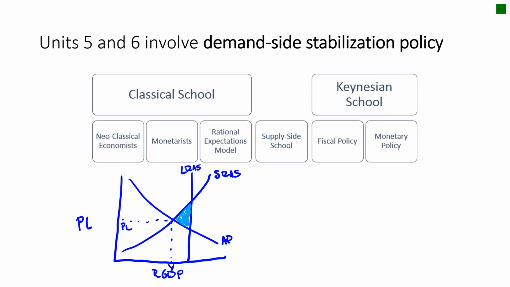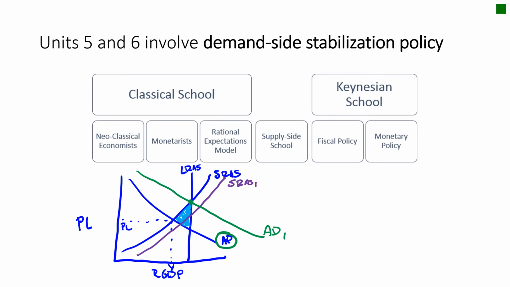So you could fix this one of two ways. You could instigate some sort of rightward shift of the supply curve, right? So classical economists thinking we can increase the supply to boost the demand, whereas fiscal policy is mainly focused on moving aggregate demand. And so then you would get back to that macro equilibrium.